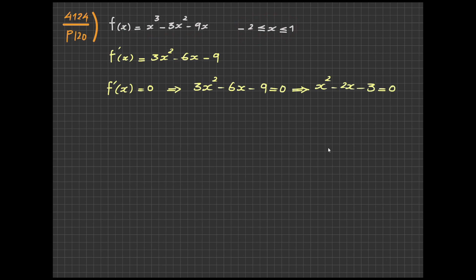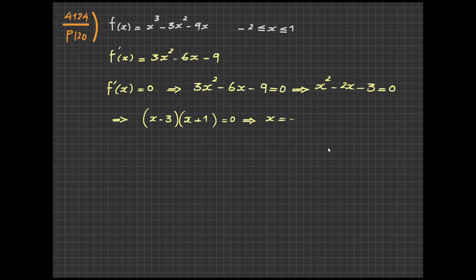And then you use the PQ or ABC formula, or even factorization in that case. Factorization is easier. I put those two x's here and there. I ask myself, I need two numbers whose sum is minus 2 and whose product is minus 3. What are those numbers? One of them is minus 3, the other one is plus 1. I put it equal to 0, and then I get two answers.